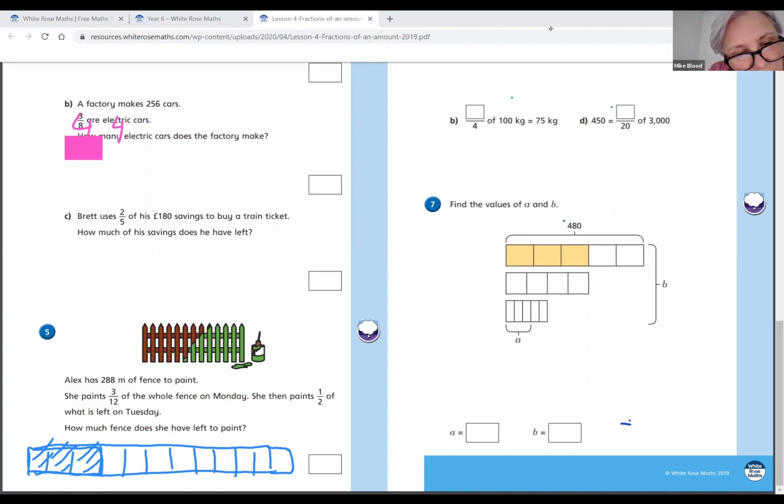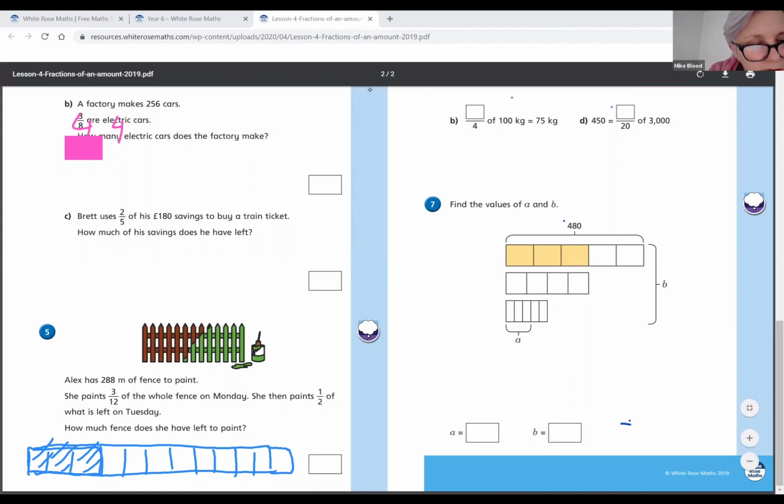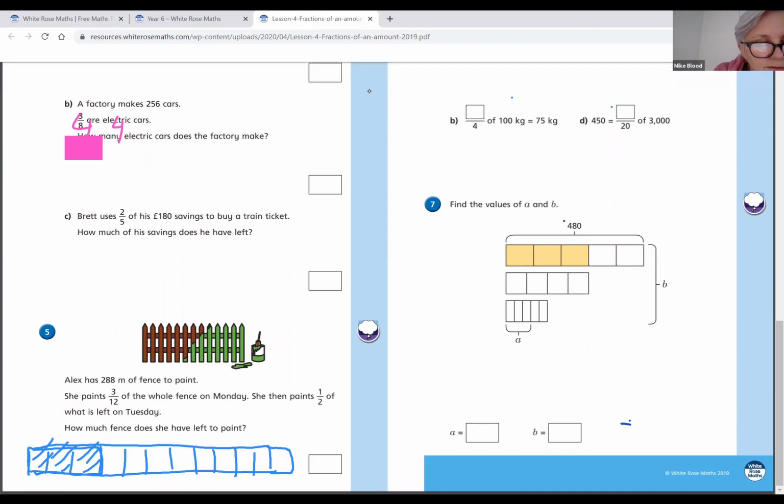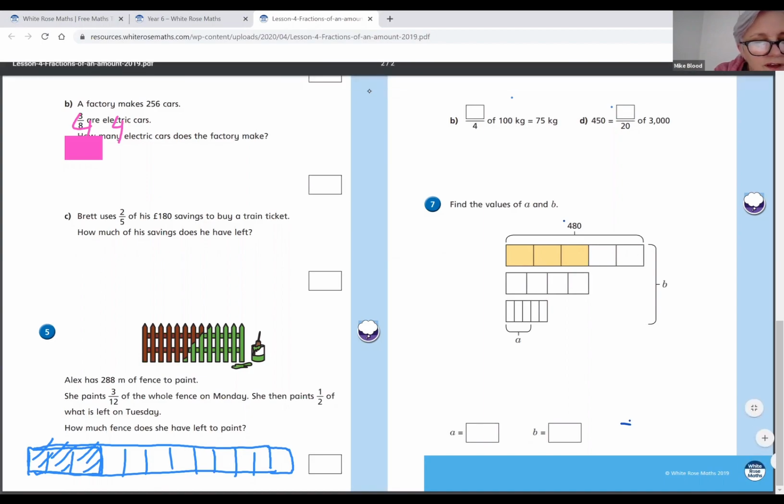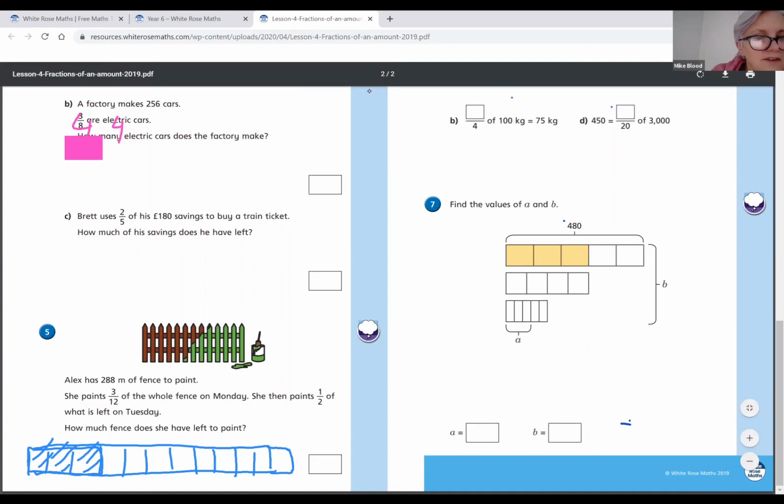Let's put the spotlight on so you can see what I'm counting. Oh, the spotlight doesn't want to come on. Never mind. 1, 2, 3, 4, 5, 6, 7, 8, 9. Yeah, I thought I'd miscounted them.